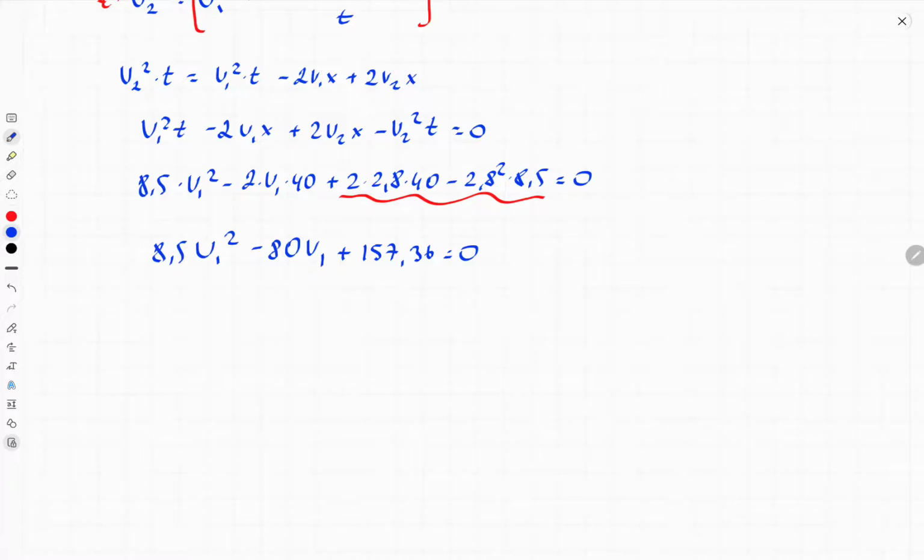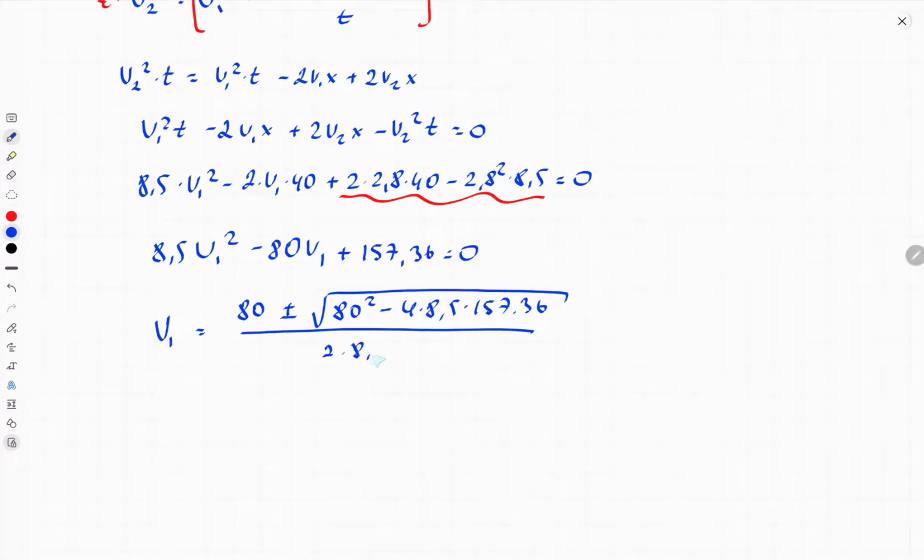So this is a quadratic equation, so it has two answers, but in terms of physics we need to choose one of them. So v1 equals, by the quadratic formula, 80 plus or minus the square root of 80 squared minus 4 times 8.5 times 157.36, over 2 times 8.5. This is just simple math. Let's see.